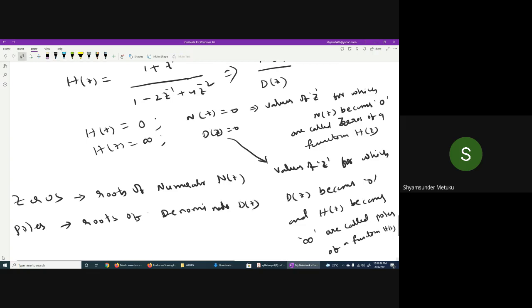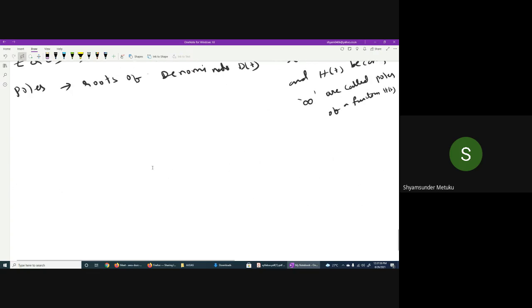Okay, fine. Now I'm trying to represent the overall transfer function of the IIR structure, which is given as a_k into z to the power minus k divided by 1 minus b_k into z to the power minus k, where k is equal to 1 to n in the denominator and k is equal to 0 to m in the numerator.